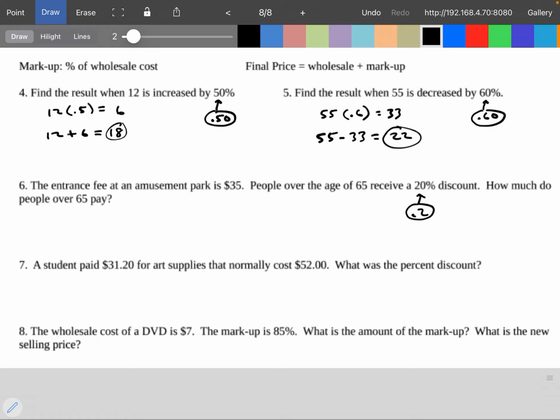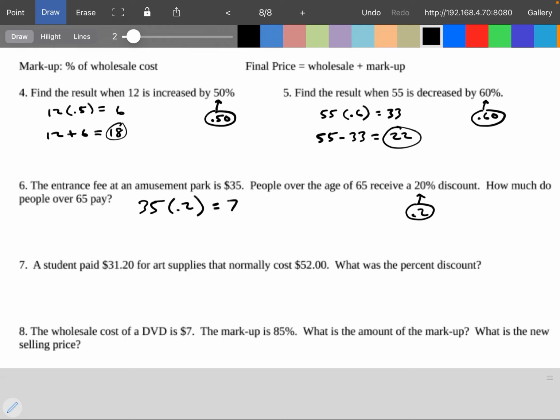So then 20%, that is what as a decimal? 0.2. So then we're just going to go $35 times 0.2. That'll give us 20%. So 35 times 0.2.